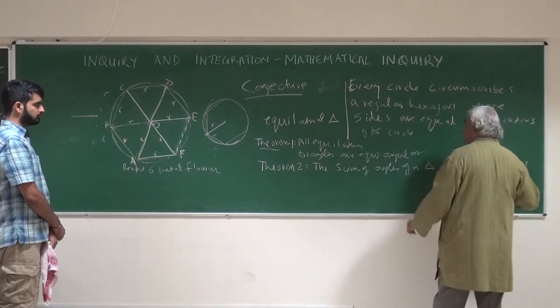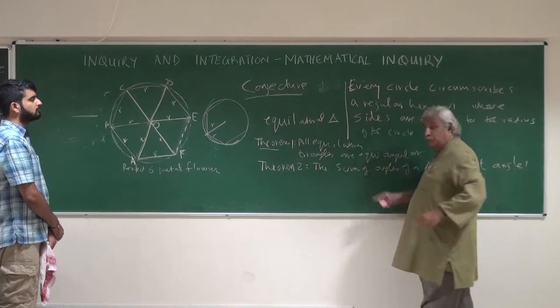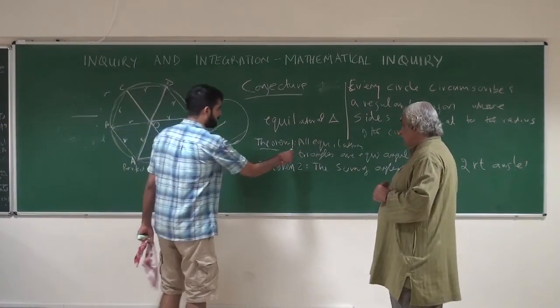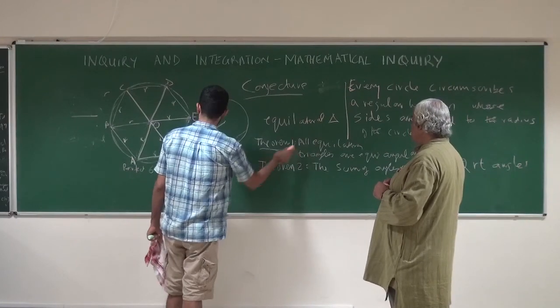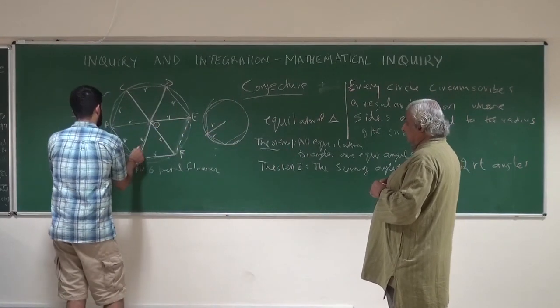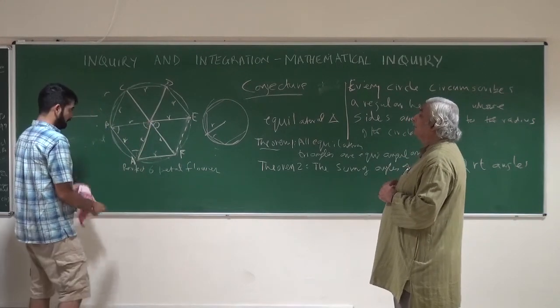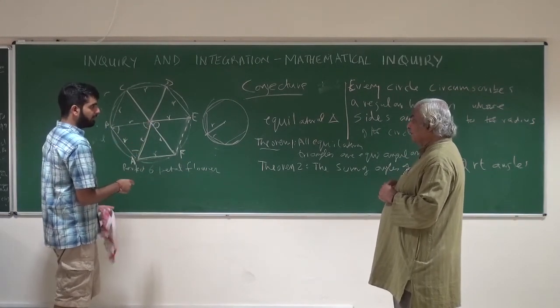So you're saying that you will use these 2 theorems to prove that. Yes. Here we have all equilateral triangles are equiangular, so this angle is equal to this angle is equal to this angle. The sum of angles of a triangle is 2 right angles.